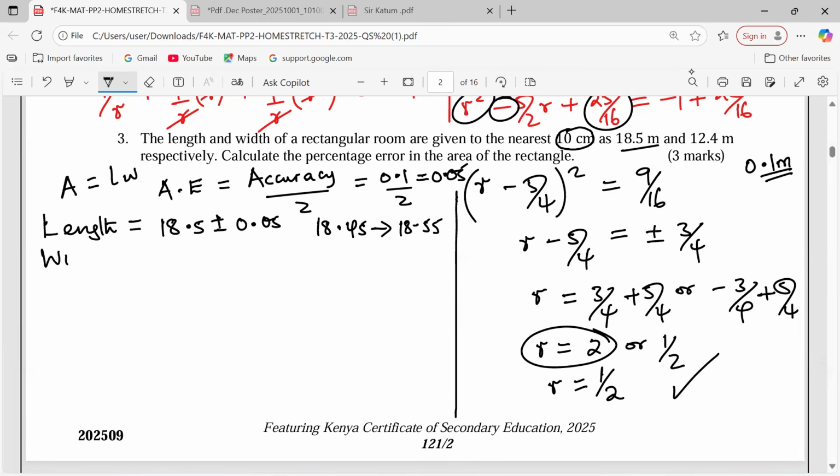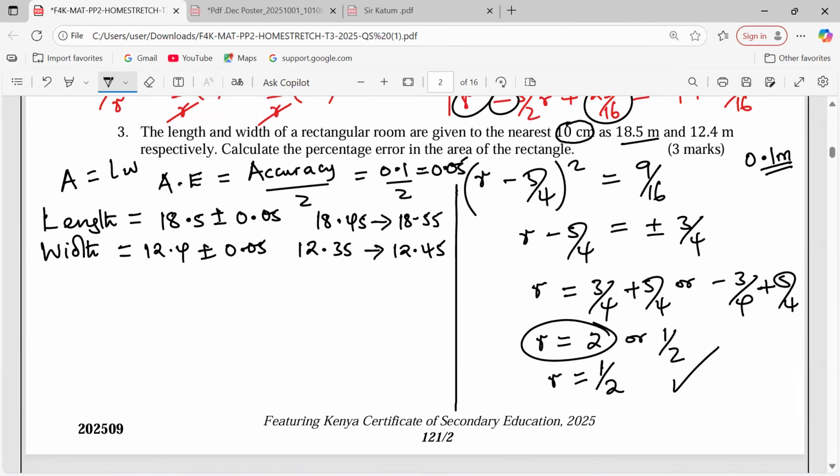Then the width, which has been recorded within the same accuracy, 12.4. We also add and subtract the same absolute error. Then this is going to lie between 12.35 all the way to 12.45 meters. So we have maximum length, maximum width, minimum length, and minimum width.